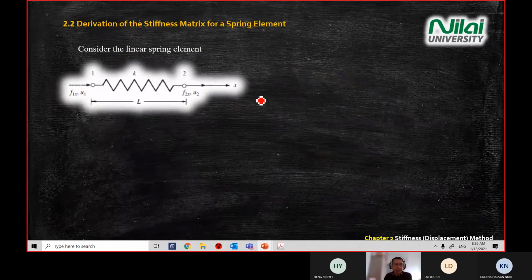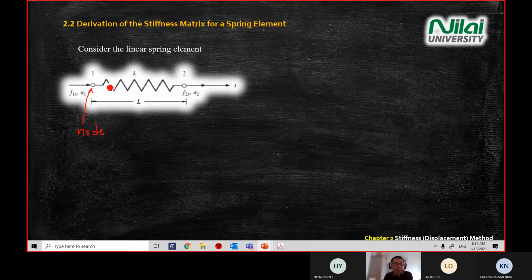Now we look at your tutorial question 2, where you see a spring system. And again, if you see a small circle, we call it a nodal or node, N-O-D-E. So we have node 1 and node 2, or position 1 and position 2.